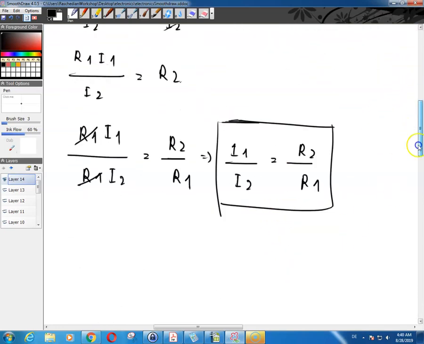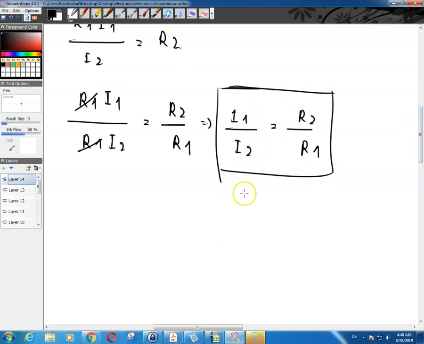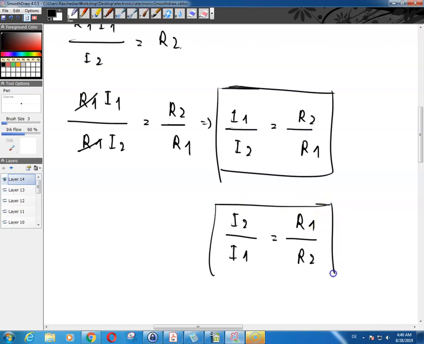Now, of course, you can take the reciprocal of both sides of this equation. You can write that as I2 to I1 is equal to R1 to R2. You can write it that way as well, taking the reciprocal of both sides of this equation. It's basically only simple algebra, nothing more than that.